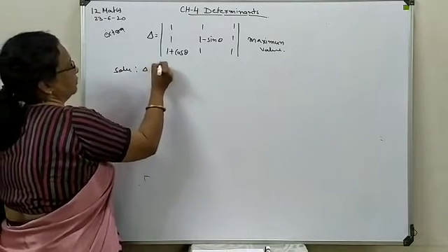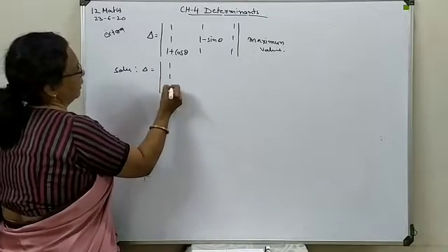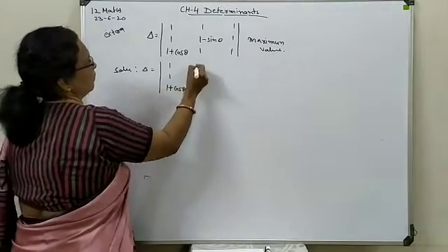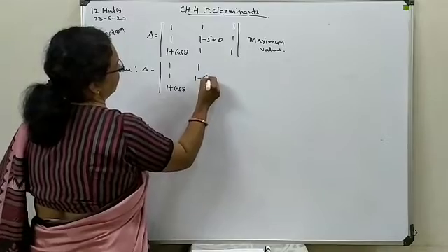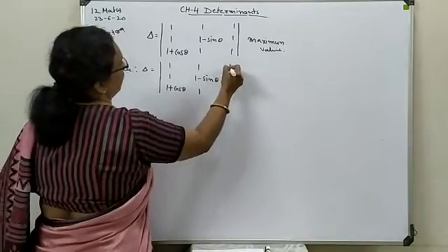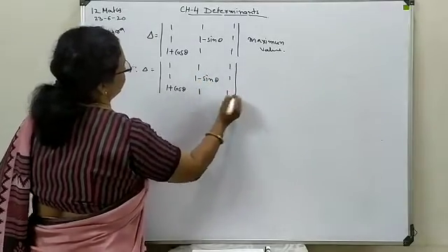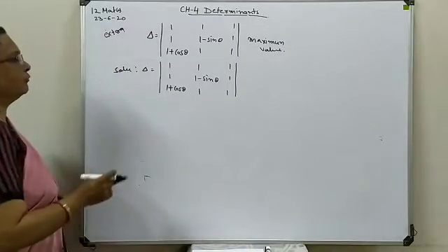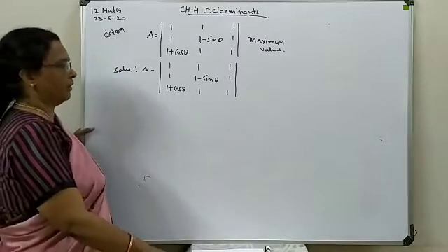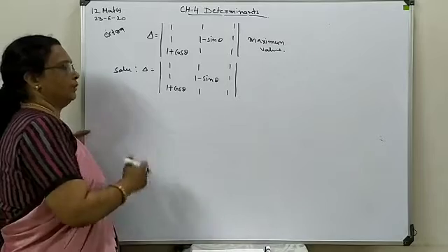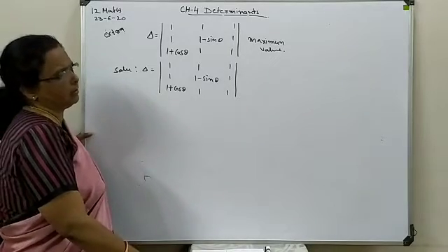Your determinant is 1, 1, 1 plus cos of theta; 1, 1 minus sine of theta, 1; 1, 1, 1. Here you can see at the first position you are having 1 everywhere. So if you subtract column wise, zeros you can generate easily.